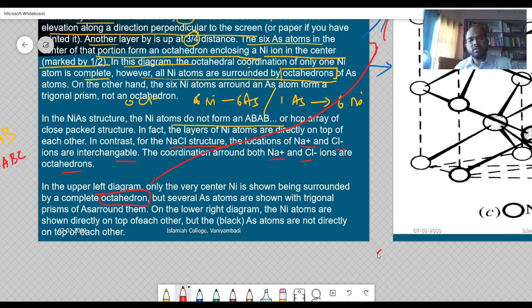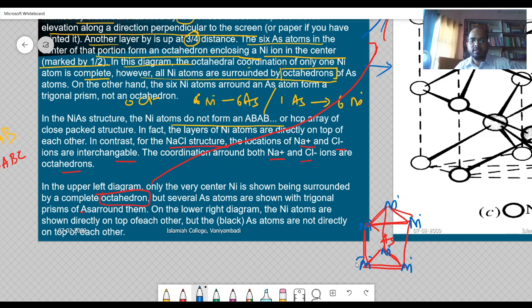Trigonal prism means, if you have something like this, you call this particular part a prism. For example, if you have As here in the center, nickel, nickel, nickel, nickel will be there.